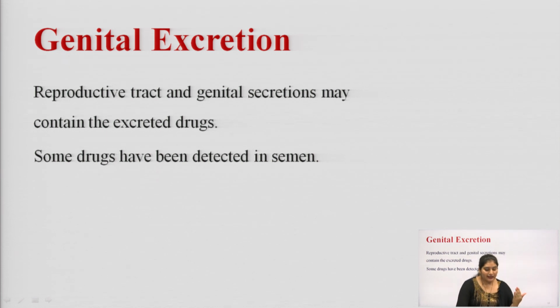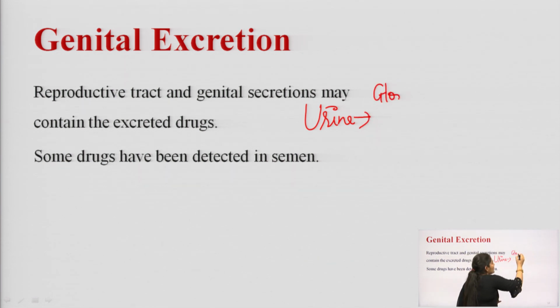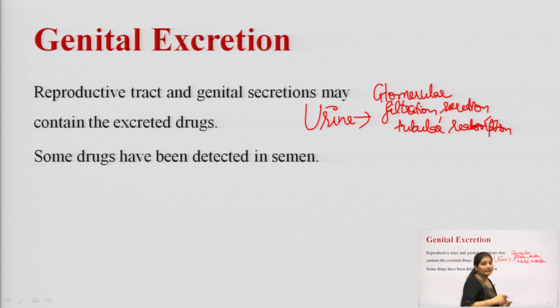For example, first route is the urine, in which the drug is getting excreted into the urine, and when drug is getting excreted into the urine, we are having three different mechanisms, that is the glomerular filtration, active secretion and tubular reabsorption. Three different mechanisms are involved when drug is getting excreted into the urine.